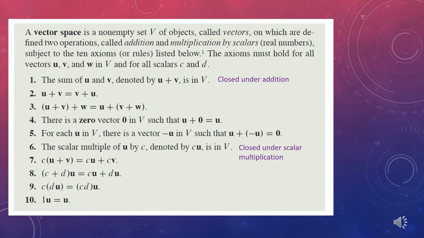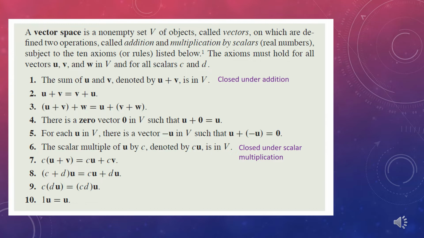And we already talked about being closed under scalar multiplication. If you multiply by a scalar, you should be able to distribute over addition. If you add two scalars together, it should be the same as if you distributed the object over the addition of those two scalars. So that's (C plus D) times vector U should equal C times U plus D times U.